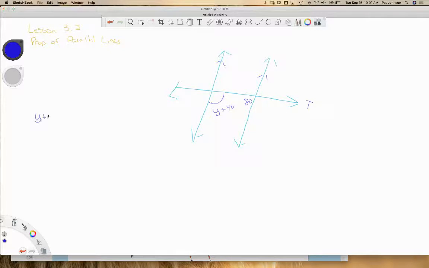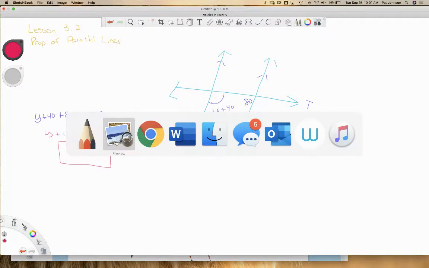That's why you got to know what those are. This plus this equals 180. So now I have an equation. Now it's just using algebra. So y plus 120 equals 180. Y equals 60 degrees. And that's all they asked me to find.